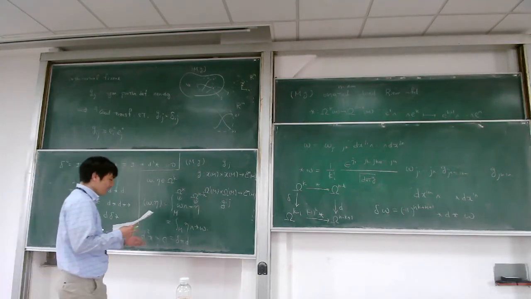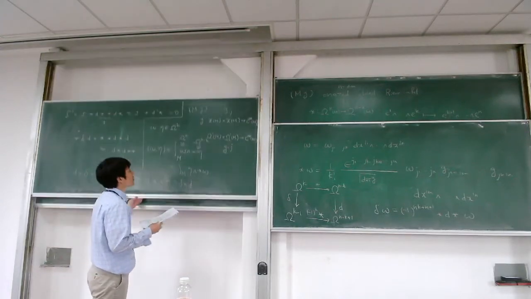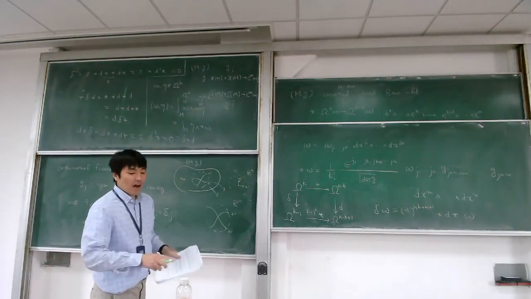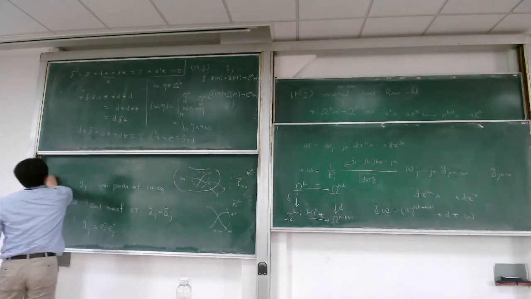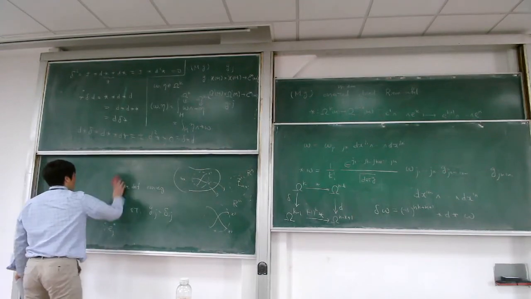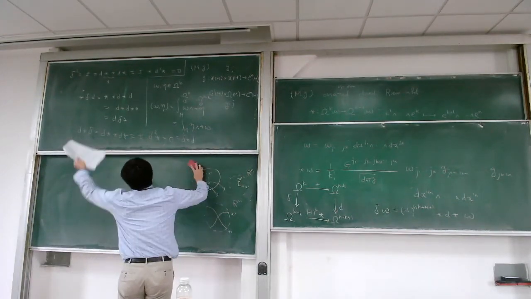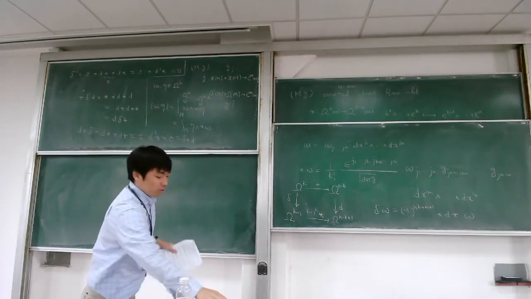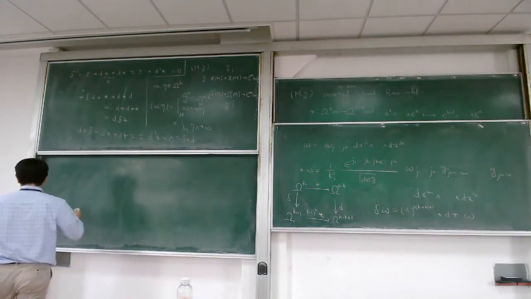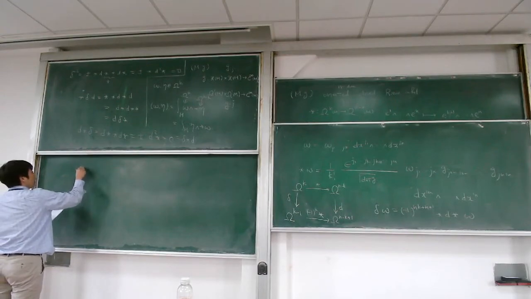And in particular, under this, why are d and delta cousins? In addition to delta square being equal to 0, under this inner product one would have the following relation. It's easy to verify.